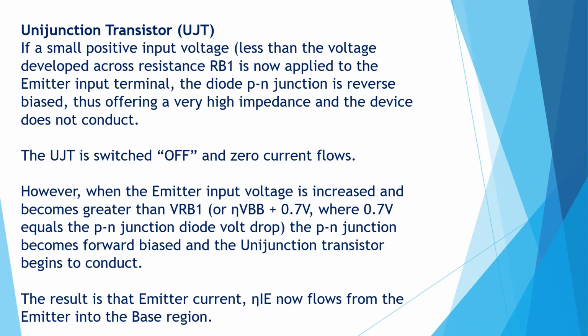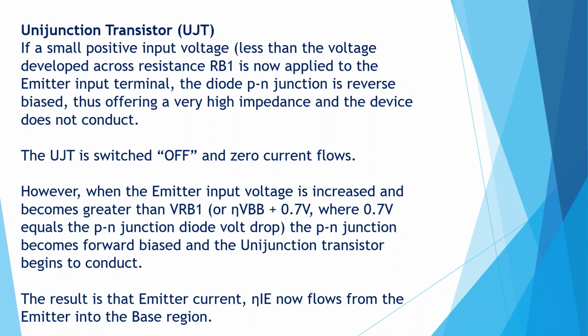However, when the emitter input voltage is increased, how much does it have to increase? It has to go beyond the voltage drop across RB1. So if the emitter input voltage becomes greater than VRB1, or we can say eta into VBB plus 0.7 volt, where 0.7 volt is the voltage drop across the PN junction diode, the PN junction becomes forward biased and the unijunction transistor begins to conduct.